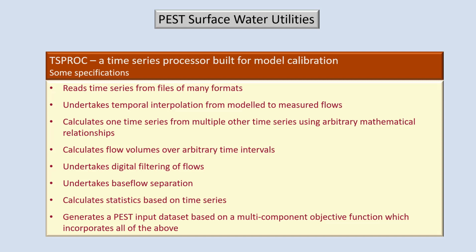Not only does it extract that information from the flow time series, it automates setup of a PEST input dataset based on that multi-component objective function, thereby making this task as easy as possible.